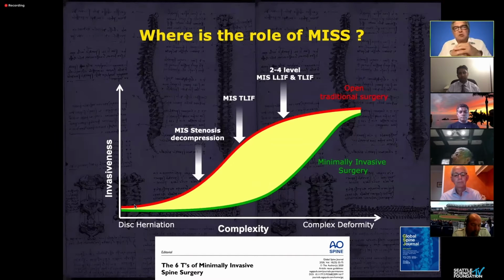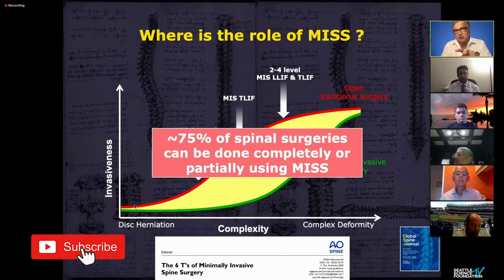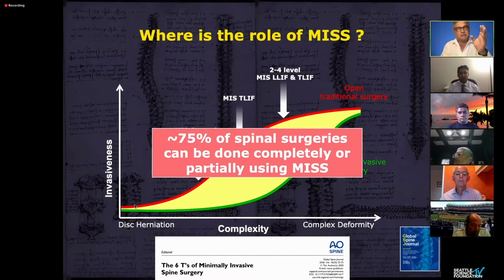Those, in my opinion, constitute really the benefit zone for minimally invasive spinal surgery today. Now, keep in mind that those pathologies make up probably 3/4 of what we treat in spinal surgery. So in terms of the volume, it is huge.